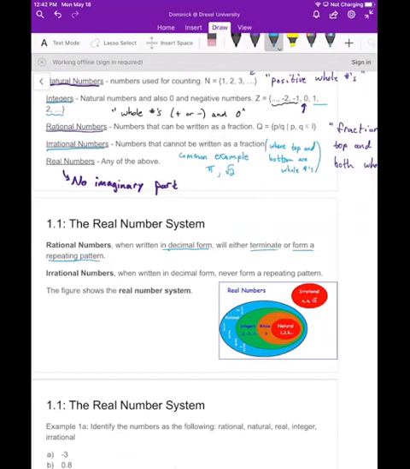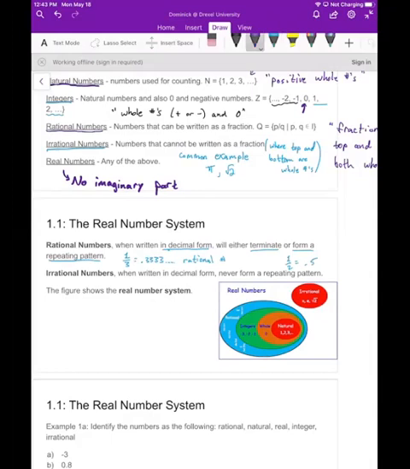So for example, if you look at a rational number like 1/3, if you write that in decimal form, you're going to get 0.3333, and that's just going to repeat forever. Since you get that repeating pattern, that signifies that you have a rational number, right? Another example would be like 1/2. If you write that in decimal form, you get 0.5, and of course that just stops, right? So that's another example of a rational number.